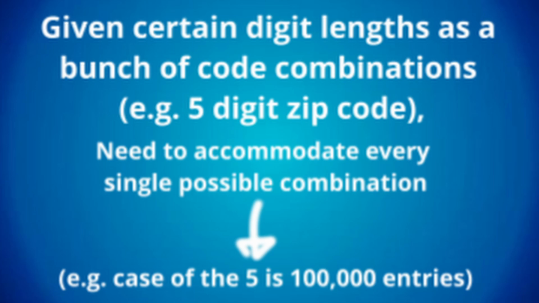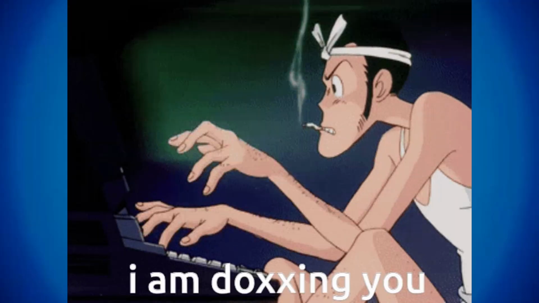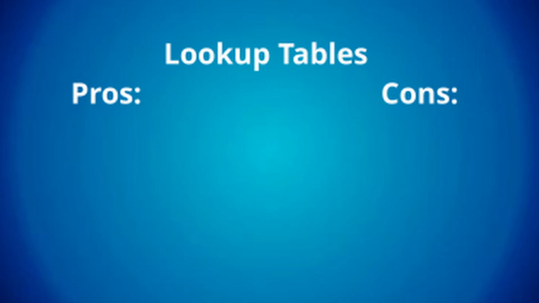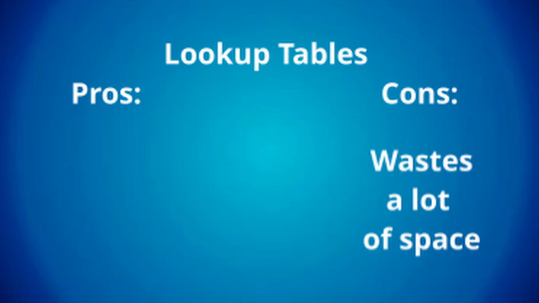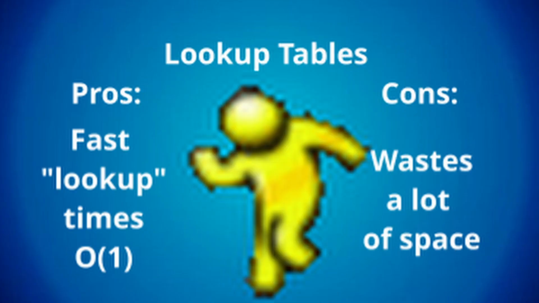So it's going to be ridiculously large. And in reality, you're only using part of those entries in the case of a code combination like zip codes, since every zip code hasn't been used yet. Hence, lookup tables can waste space, but they have fast lookup capabilities compared to other ways of storing these elements.